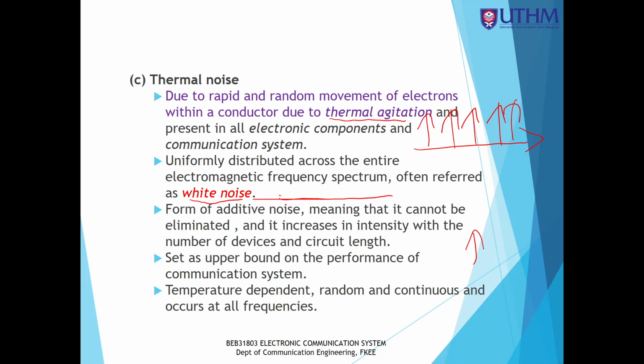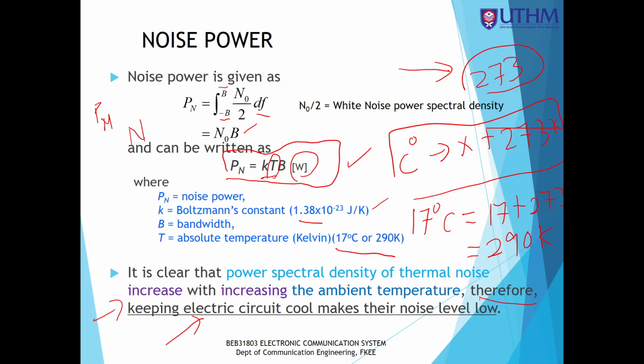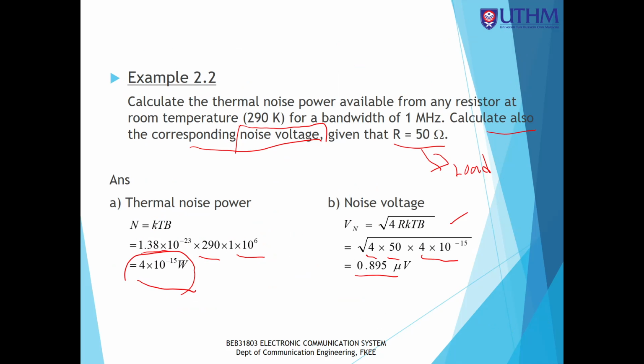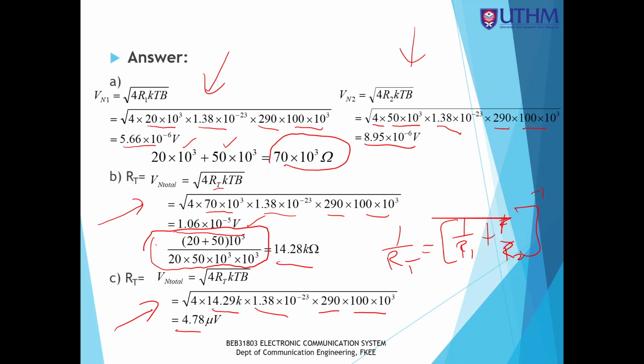Okay, so kita telah lihat persamaan power yang berkaitan dengan thermal noise. Okay, noise yang berlaku disebabkan oleh perubahan suhu. Okay, dan juga berkaitan dengan jumlah bandwidth. Okay, so kita telah lihat noise voltage and also the noise power.